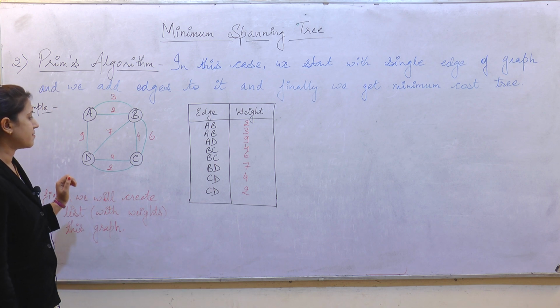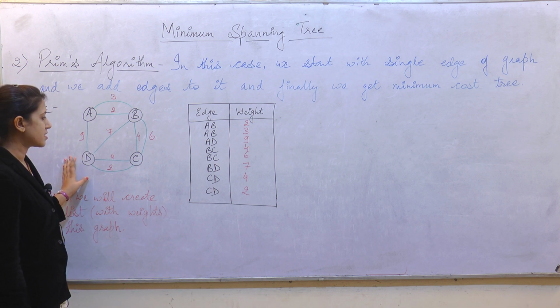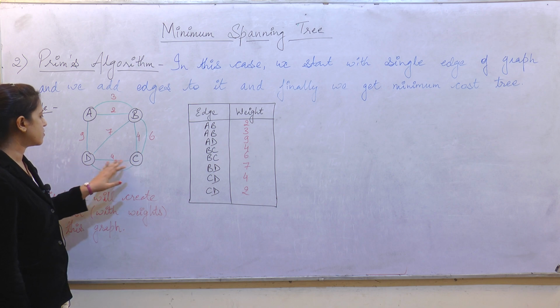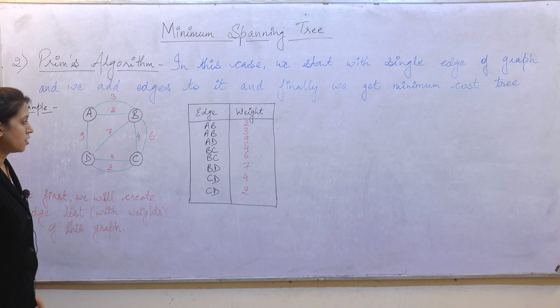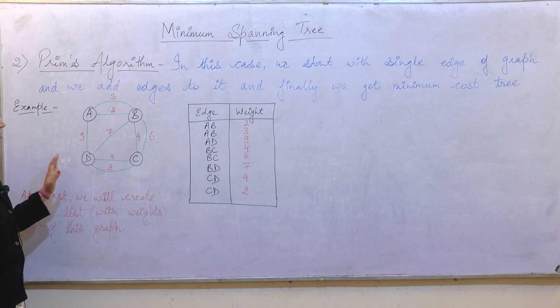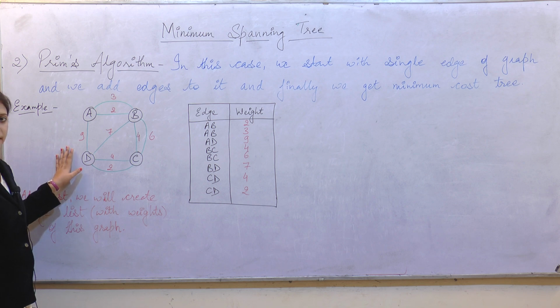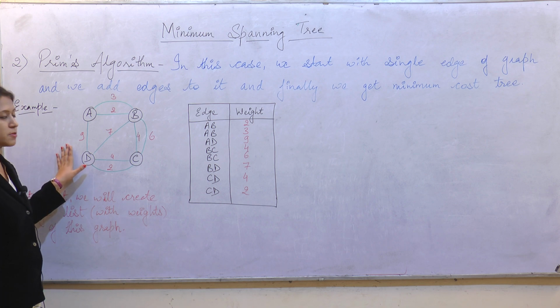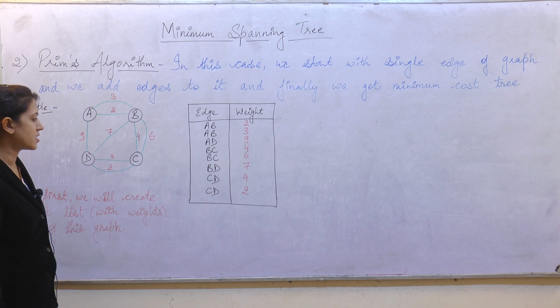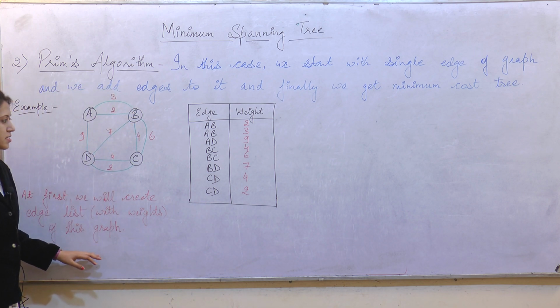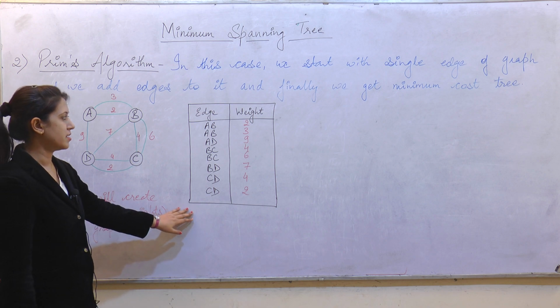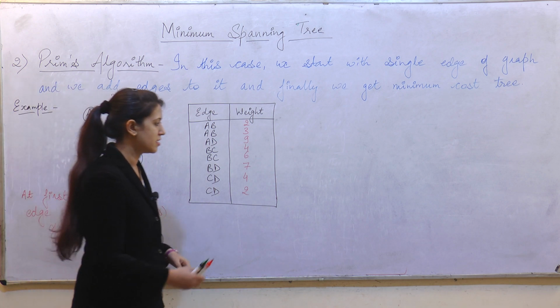And after that we have 2 edges connecting nodes C to D, with the first weight as 4 and the second weight as 2. So for converting this main spanning tree into a minimum spanning tree using Prim's algorithm, this was our first step of creating the edge list with their corresponding weights.